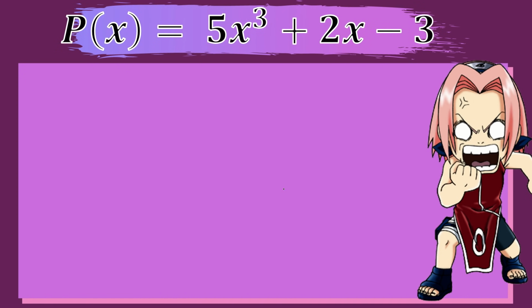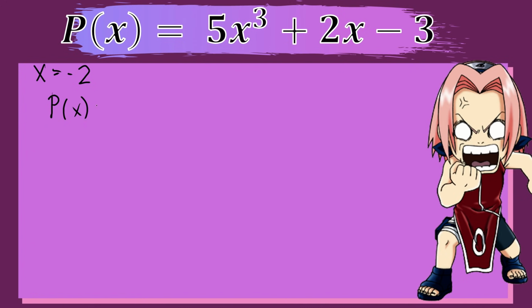Okay po. So, again, ang value ng x natin kanina is negative 2. So, si negative 2, ipapasok natin sa lahat ng value ng x nung polynomial function. So, again, rewrite muna natin yung function.